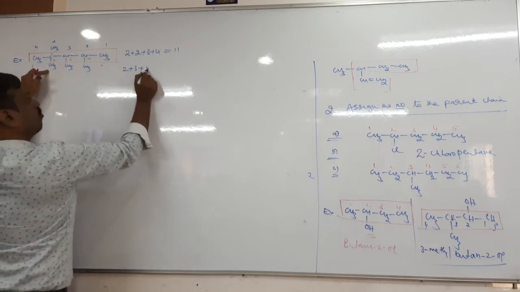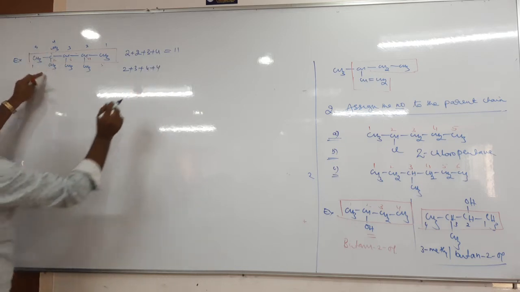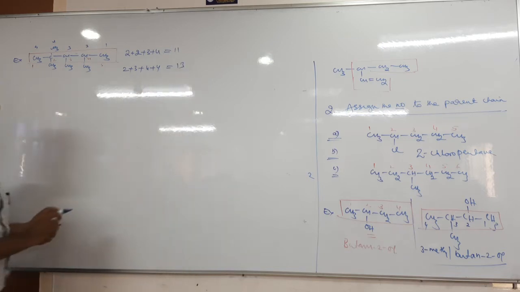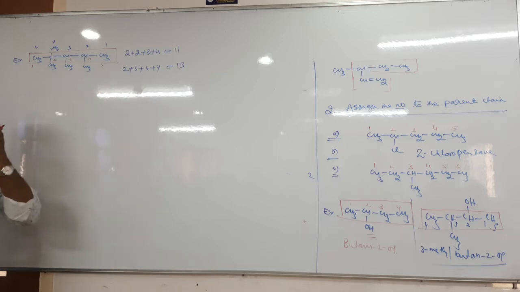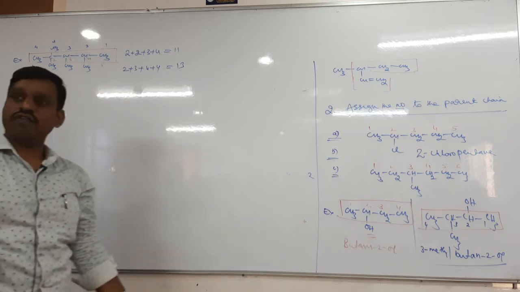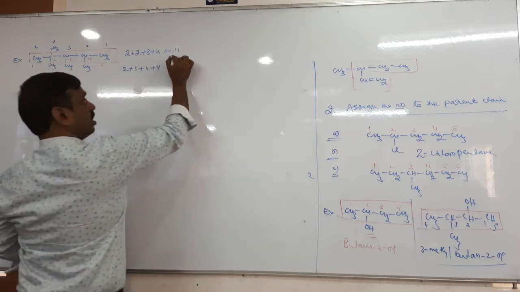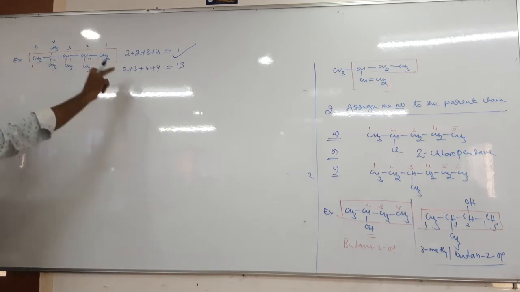Now here it is 4 plus 4, because 2 methyls are there, no? 4 plus 4 plus 2 plus 3 equals 13. So the sum from right to left is 13. So give the numbering from the end which gives the lowest sum. So here 11 is the lowest sum. Left to right is correct.